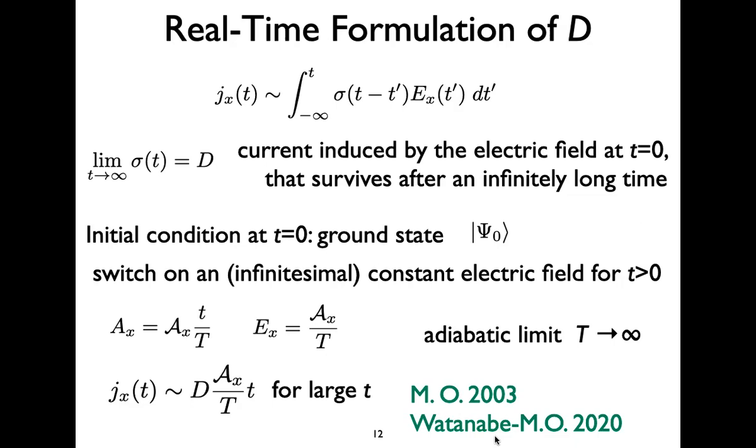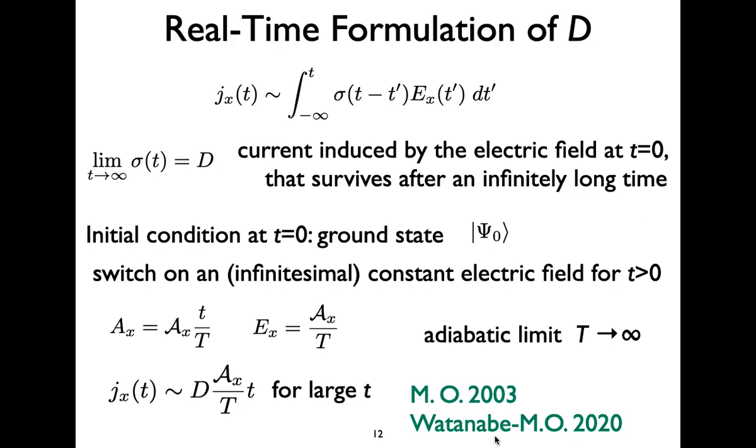So in terms of real time, the meaning of the Drude weight is that you apply the electric field. Then this electric field can affect the current in the future. But you might expect that if you apply an electric field and wait for a long time, then the effect of the electric field would vanish. Okay, that's true for an insulator.